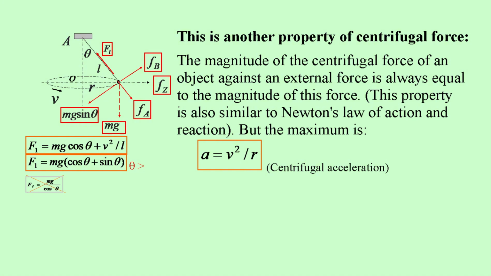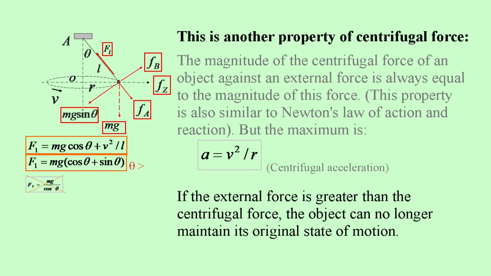The magnitude of the centrifugal force of an object against an external force is always equal to the magnitude of this force. This property is also similar to Newton's law of action and reaction. But the maximum is: if the external force is greater than the centrifugal force, the object can no longer maintain its original state of motion.